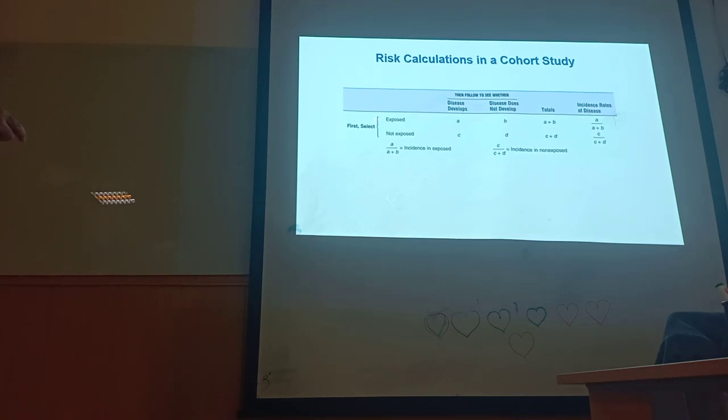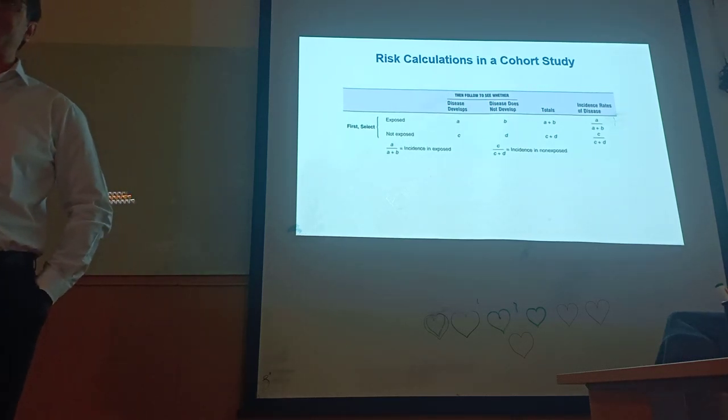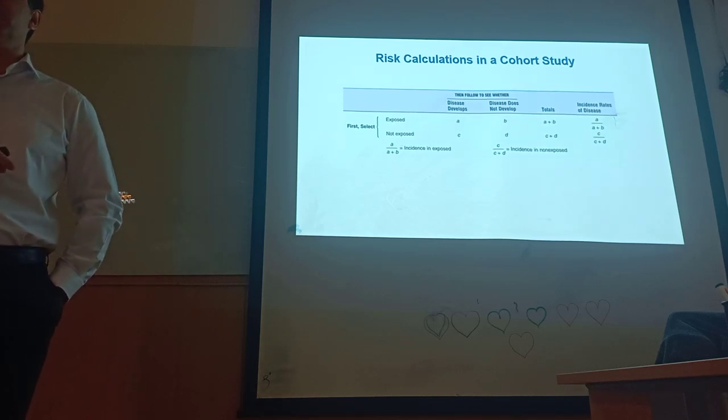If we follow, for example, a number of exposed people and a number of unexposed people, for example, 1,000 exposed and 1,000 unexposed, and this is the number of people who got sick during the time period that we are following our study population, for the exposed group and for the unexposed group. So this is the epidemiological table, or 2 by 2 table.